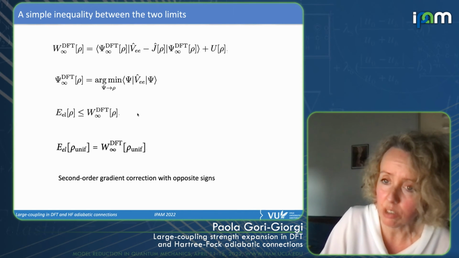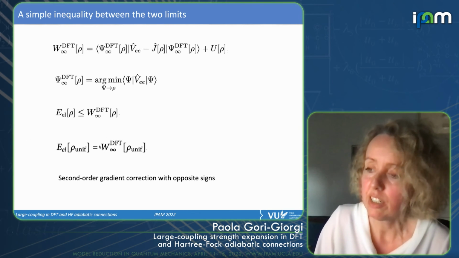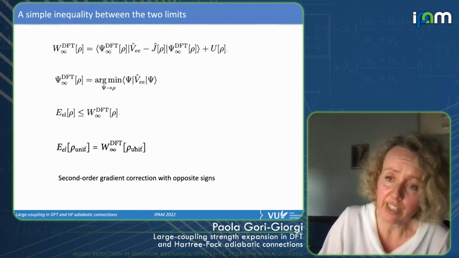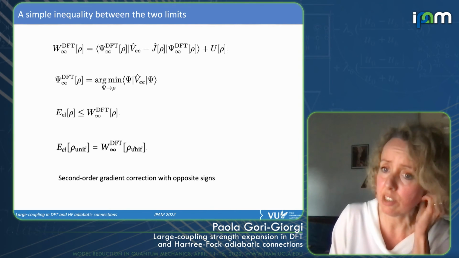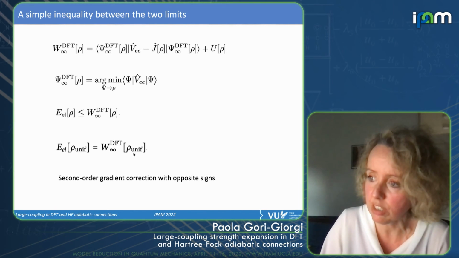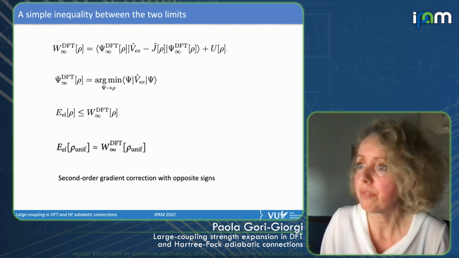So for a given density, you always have this lower bound, and only for a uniform density will these two functionals be equal. And then if you try to do a second order gradient expansion, the gradient coefficient will have opposite sign. It will be positive for the DFT and negative in this case.